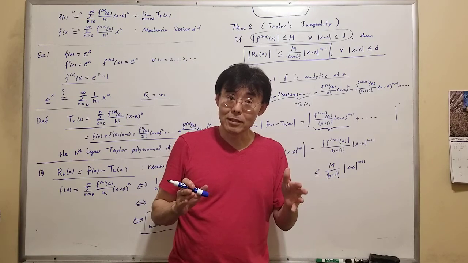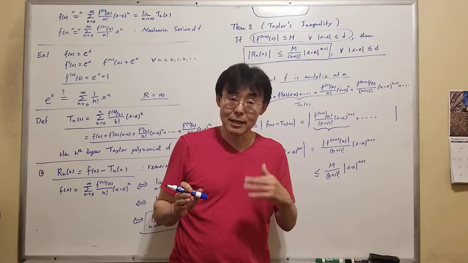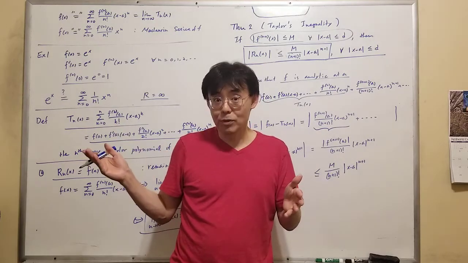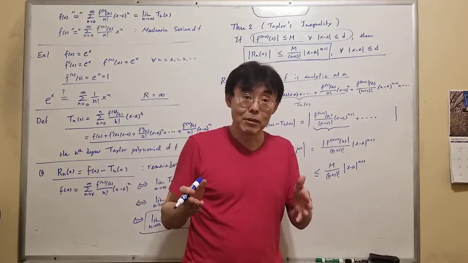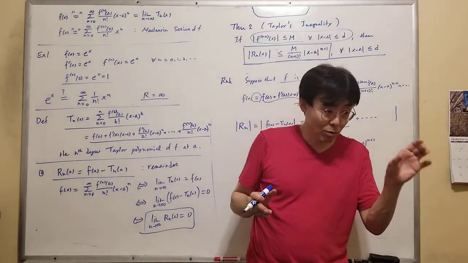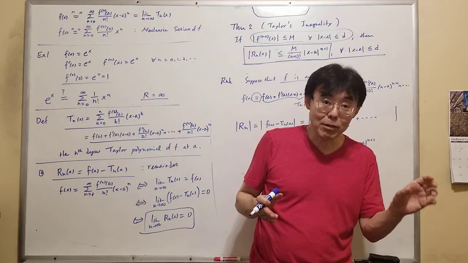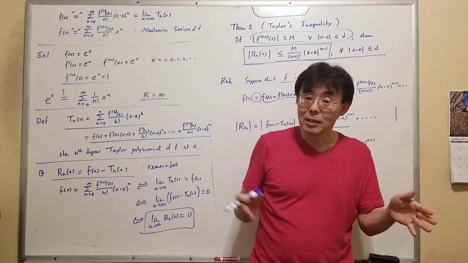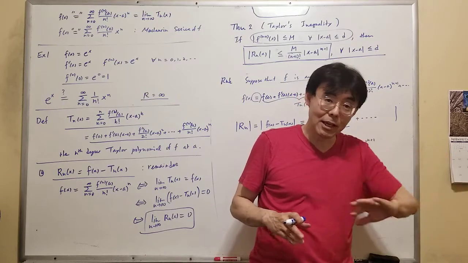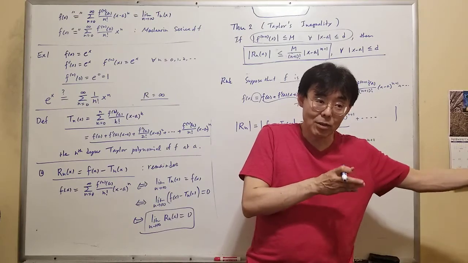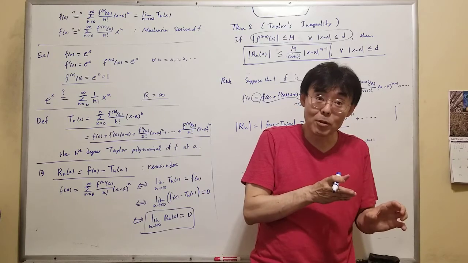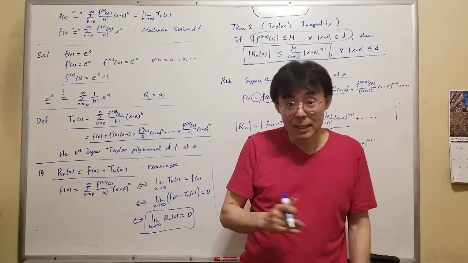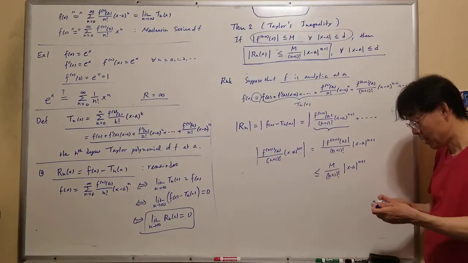And the remainder, if you use Sn as an approximation, the true value S minus Sn, also called the remainder, has absolute value always less than or equal to the absolute value of the n plus 1 term, the first term discarded. The remainder is everything together, yet the size of the whole remaining terms will be less than or equal to the very first term discarded. It's quite similar, right?